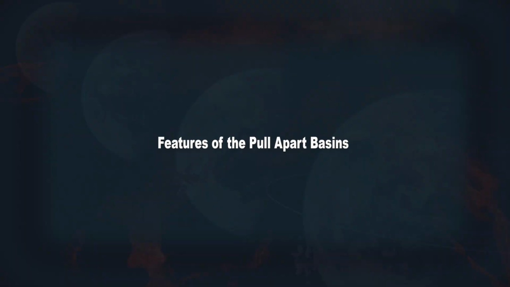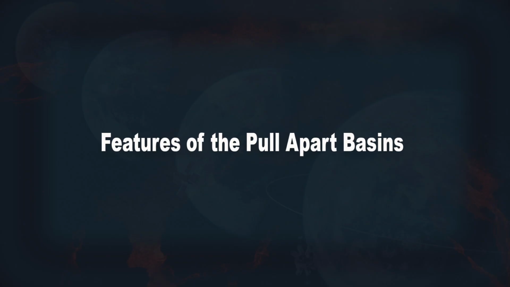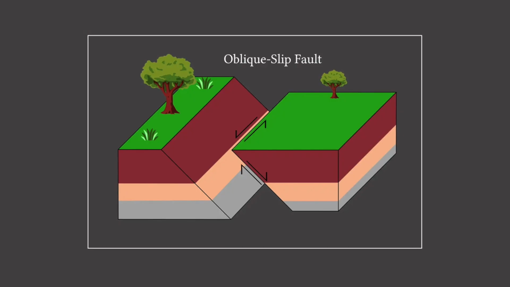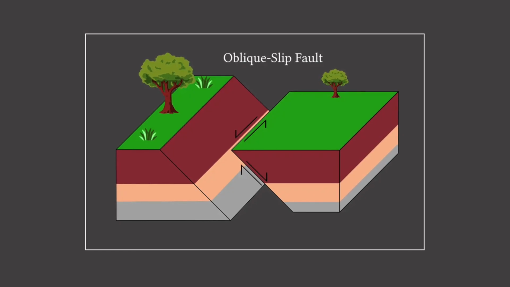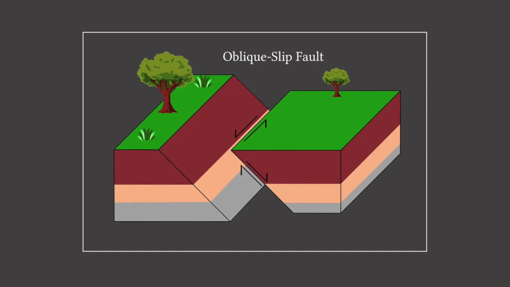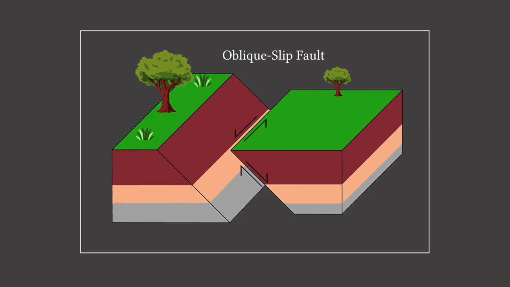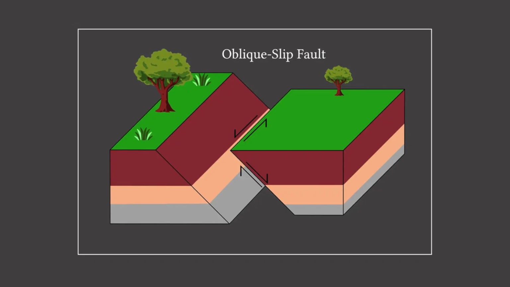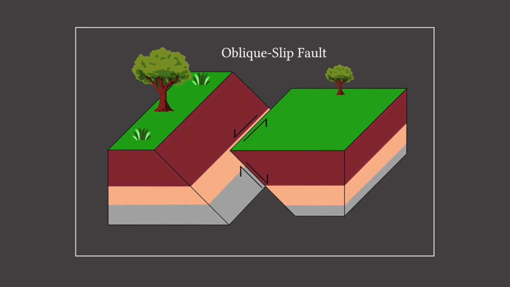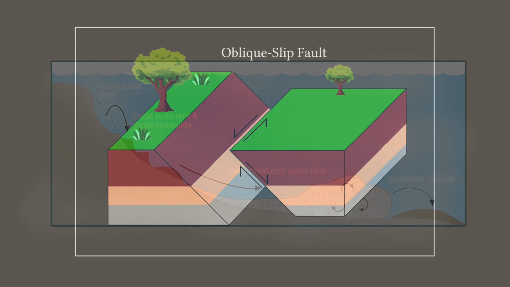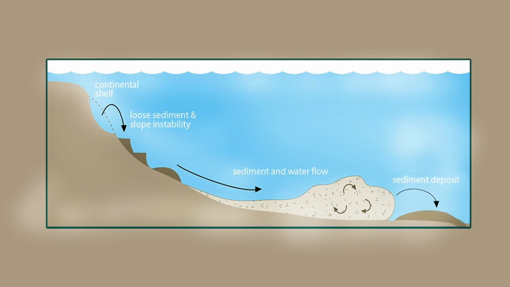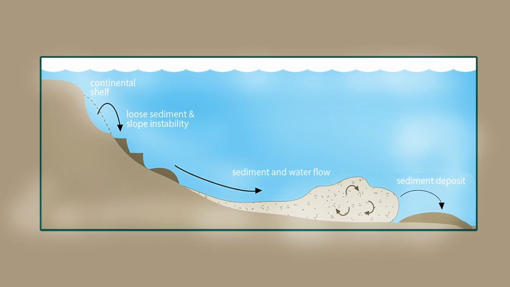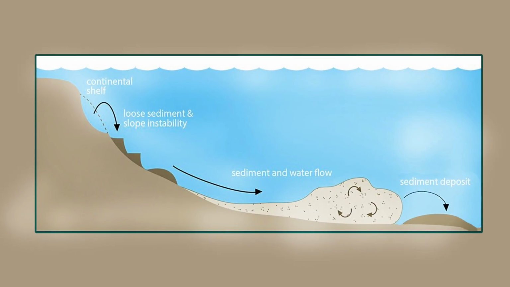So, let us discuss the features of the pull apart basin. Pull apart basins form in areas where the earth's crust is being pulled apart along strike slip faults, especially at releasing bends or when fault lines overlap. These basins are known for their rapid sinking and high rates of sediment buildup.